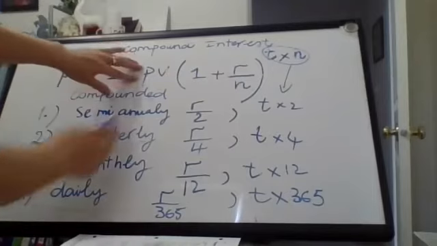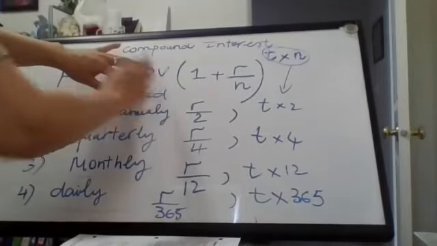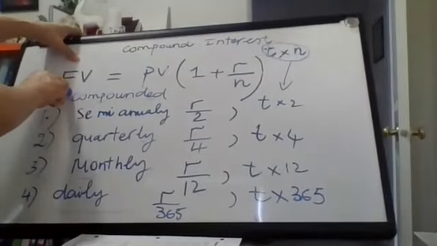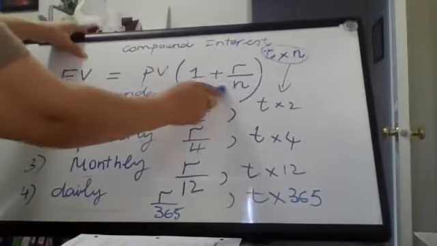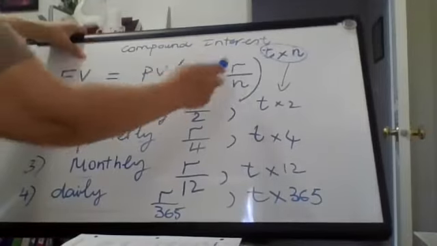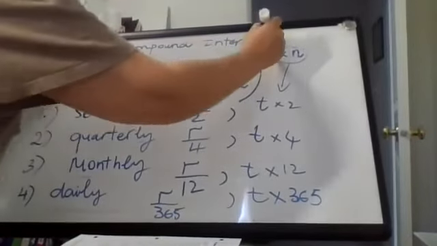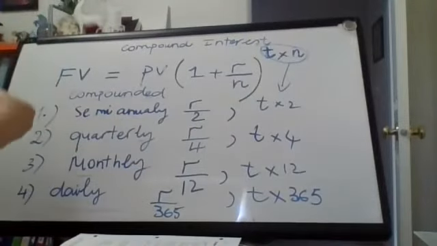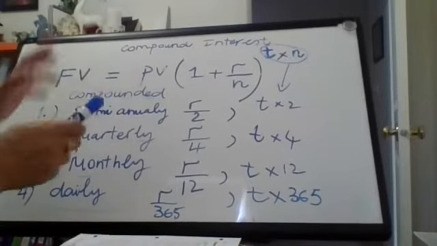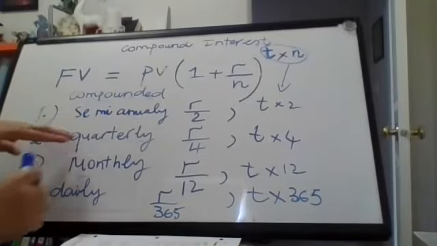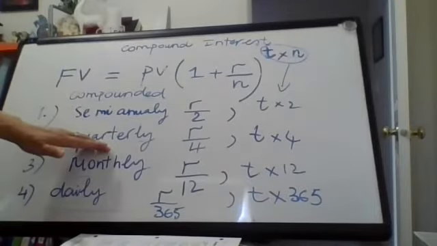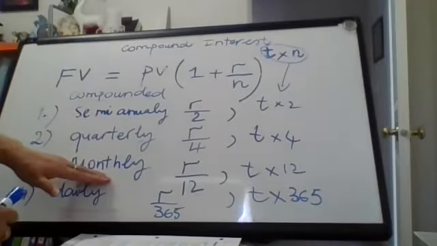If the question asks you about present value, the principal, then they have to give you the future value, and they have to give you the information about the rate, and they have to tell you the time is in 1 year, 2 years, 3 years, and they have to say if they want you to find the present value based on compounded semi-annually, or quarterly, or monthly.